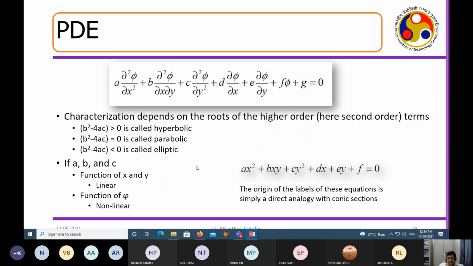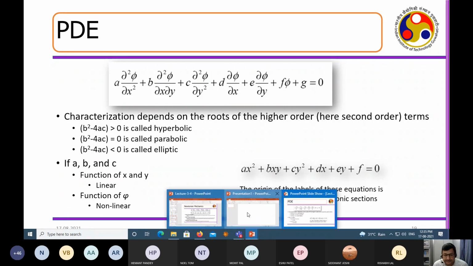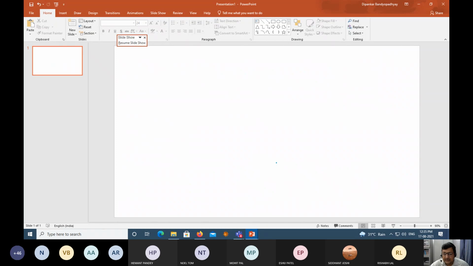Right? Now, suppose I give you a situation with this formula: del square phi by del x square plus del square phi by del y square equal to 0.